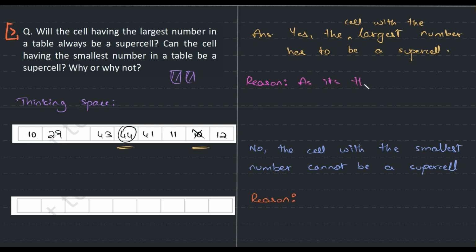As it's the largest number, by default, it has to be greater than its neighbors.